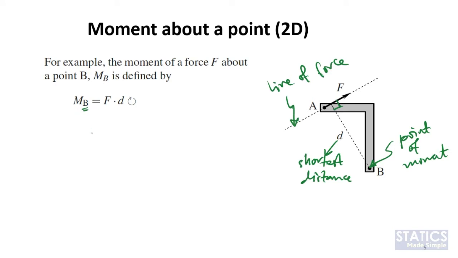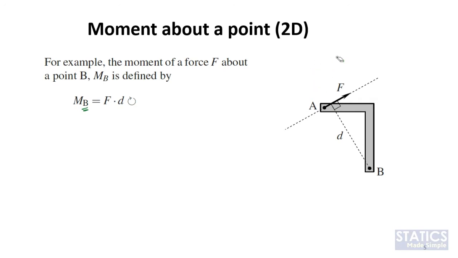All right? So if I want to give another example, instead of taking moment of force F towards point B, let's say we consider another point C, for example, here. All right. So what would be the moment at point C due to this force F? Okay.